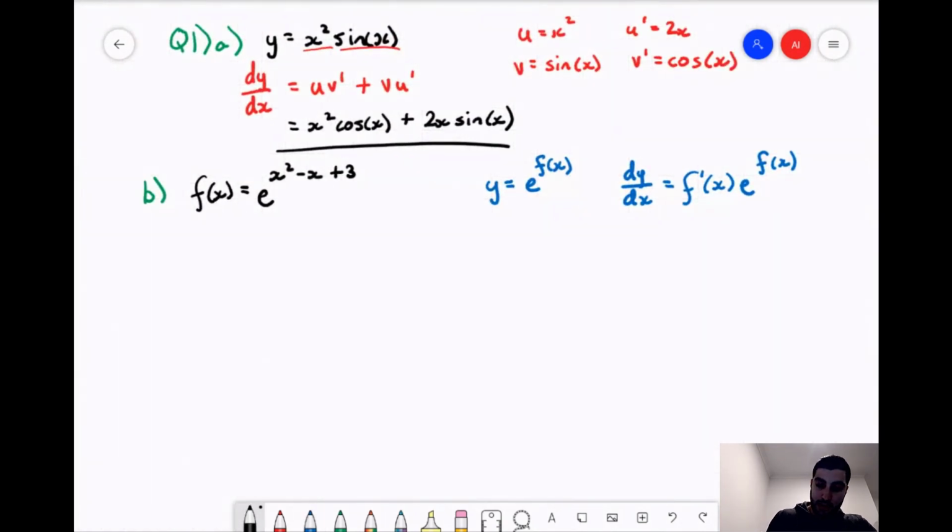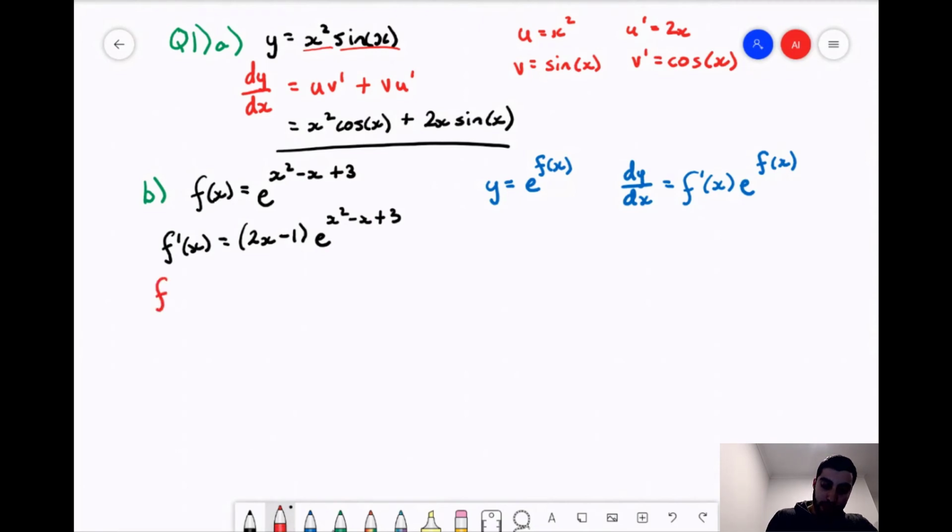So applying that to this specific example, we have the derivative of the power, which is a quadratic, so we know derivative of x squared minus x plus 3 would be 2x minus 1, and then what we've already got there. So e to the power of x squared minus x plus 3, that bit all stays the same, and that's the derivative.